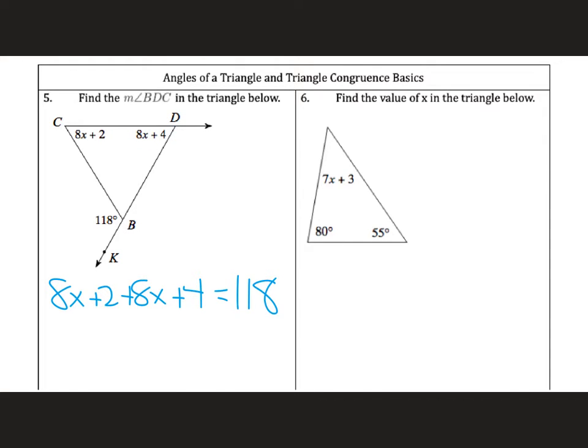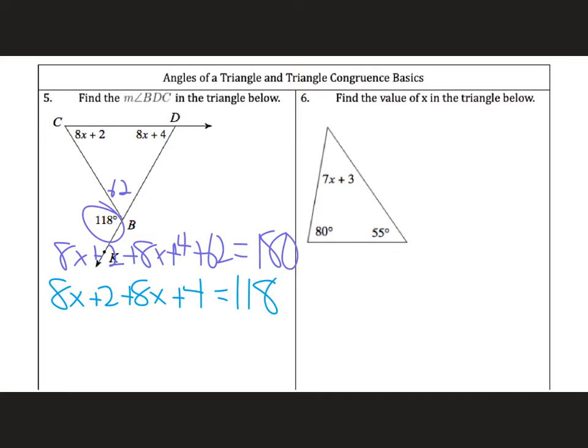You could also say, well, if this is 118, this has to be 62. So 8x plus 2 plus 8x plus 4 plus 62 equals 180, because the angles of a triangle add up to 180. In any case, I could subtract the 62 and get to the same place.